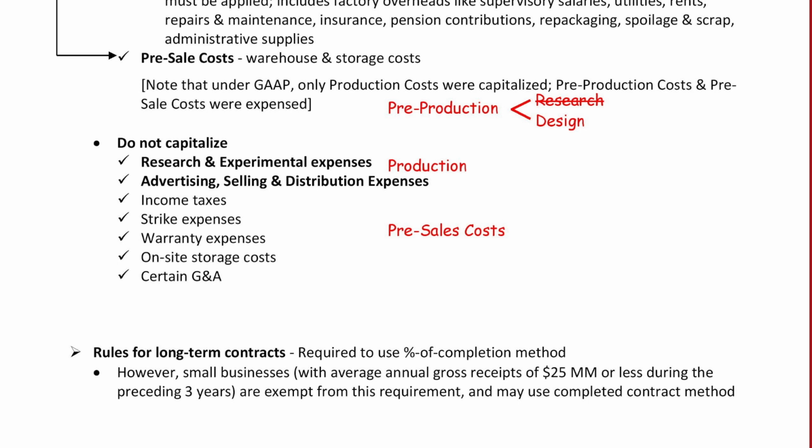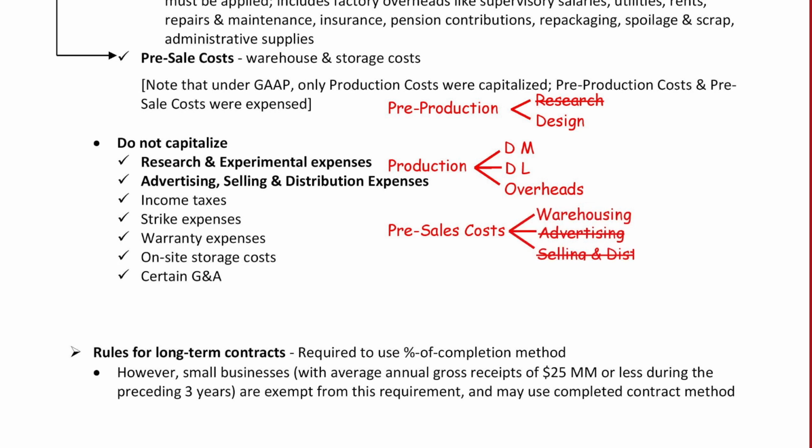For production, you have direct materials, DM, direct labor, DL, and overheads. Under pre-sales costs, let's have warehousing, advertising, and selling and distribution. And you could scratch off advertising and selling and distribution because they are not capitalized under UNICAP.